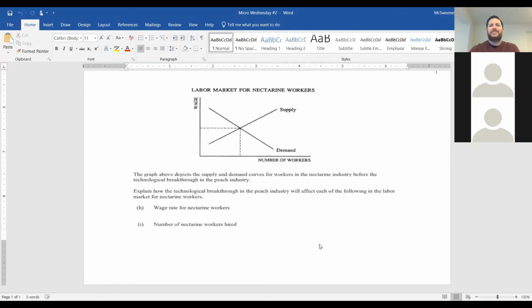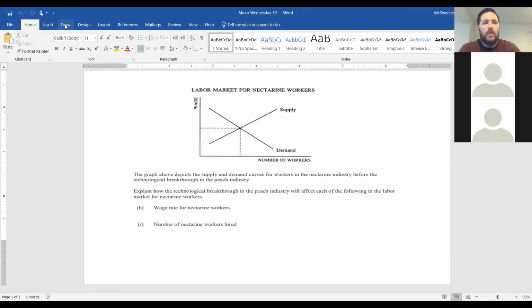We know there is now a decrease in demand for nectarines because peaches are cheaper. If there's a decrease in demand for nectarines, well, demand for labor is derived from demand for a product. So if demand for the product is going to decrease, demand for the labor to produce that product will also decrease.